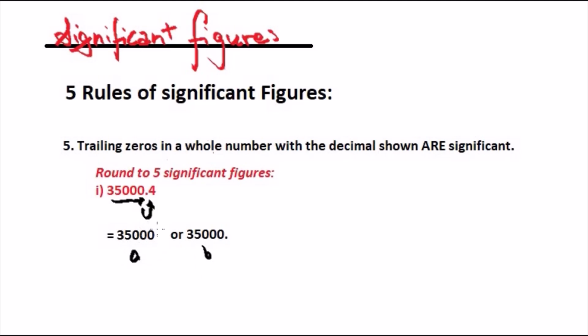But remember, trailing zeros in a whole number will only be significant if there's a decimal point at the end. So therefore, this will be wrong because we don't have a decimal point at the end. These are trailing zeros at the end of a whole number. So this is incorrect. This would be the correct answer. We have 5 significant figures.